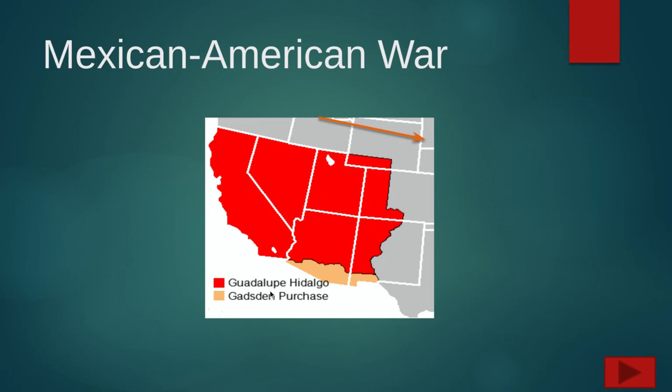Later on, we would get this small section down here just below that land, which is the Gadsden Purchase. We would buy that small portion of land for $10 million from Mexico, and we considered that as compensation also for the other land that we had taken from Mexico, which is California, Nevada, Utah, Arizona, parts of New Mexico, and parts of Colorado, which we all got from Mexico during the Mexican-American War.